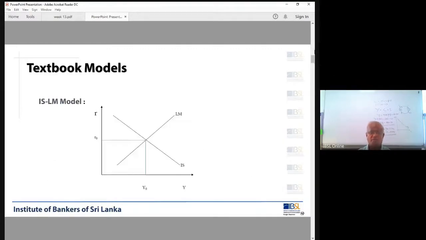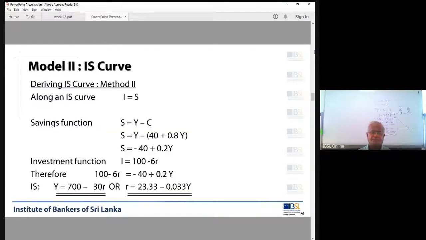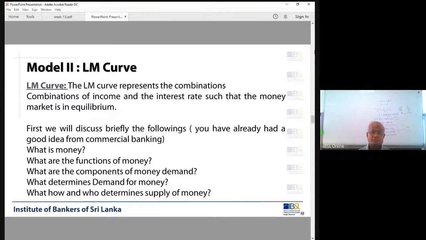Now we come to the money supply. Who determines the supply of money? To control and manage the stock of money in the economy, the only institution that can do so is the central bank.